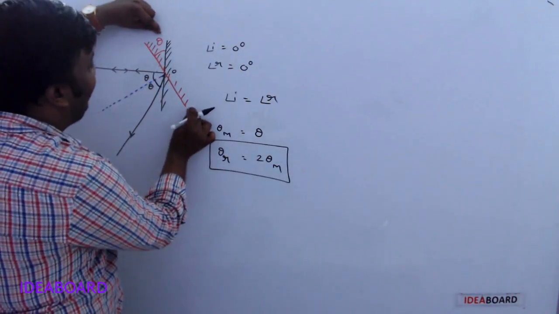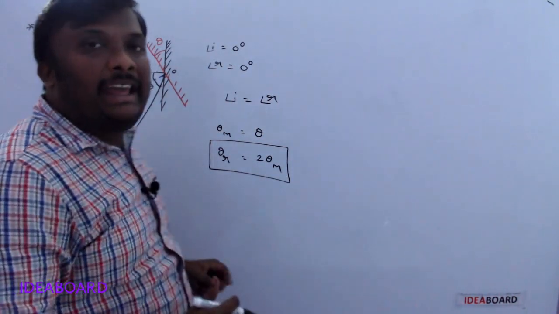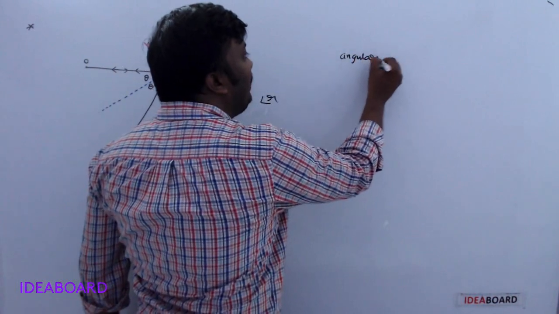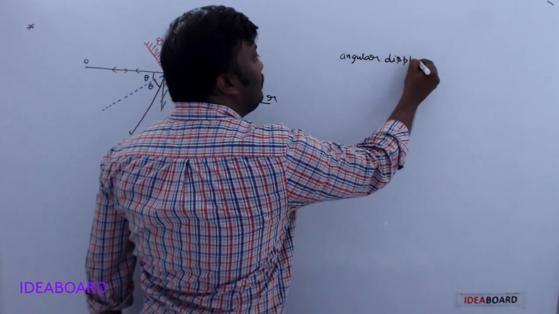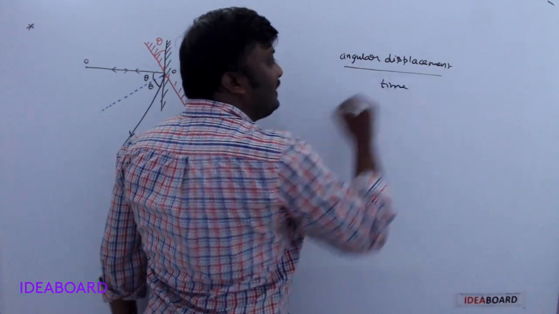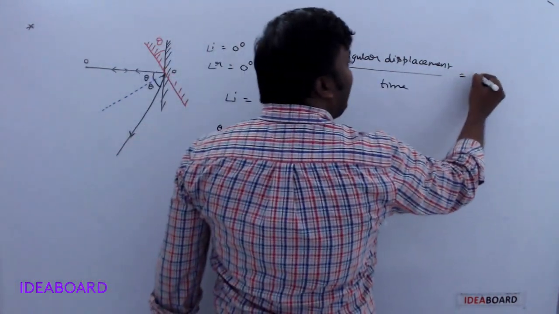So if the angle varies with time, angular displacement by time is nothing but angular velocity.